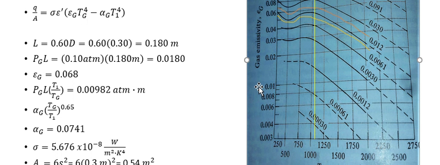And to find the absorptivity of the gas, we will still use the figure, but we will multiply the PGL by Tw over Tg. Tw is 600 Kelvin and Tg is 1100 Kelvin. Therefore, we will have 0.00982 atmosphere times meters.